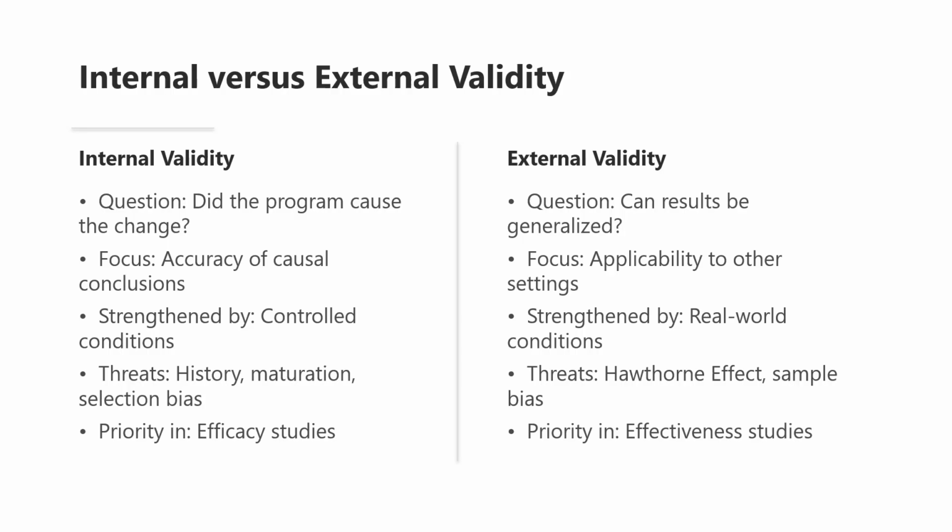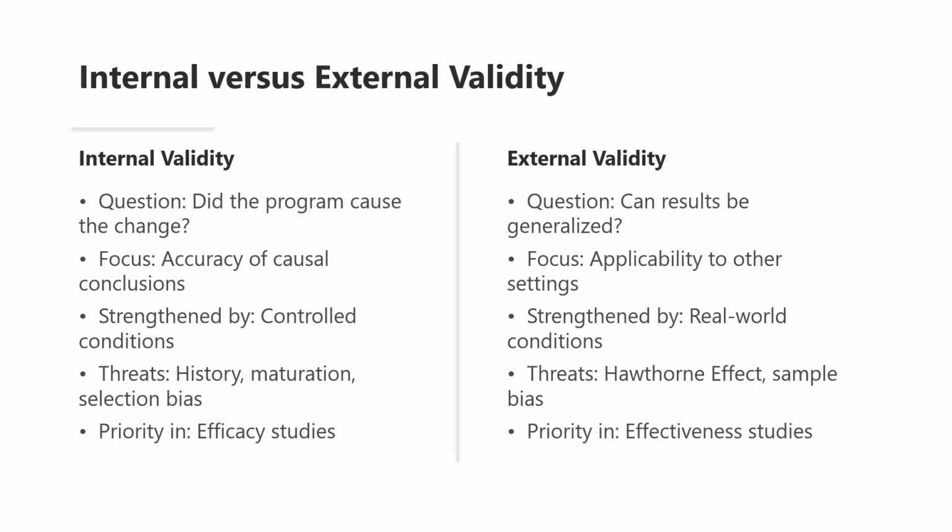On the other hand, studies conducted in natural real-world settings may have higher external validity but lower internal validity because fewer variables are controlled. This tension is sometimes described as the difference between efficacy and effectiveness, and this distinction is going to help you a lot on the exam.